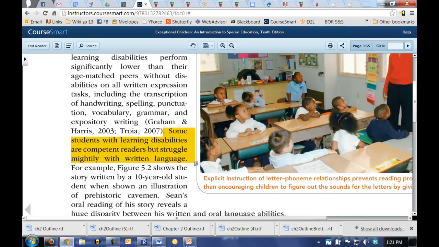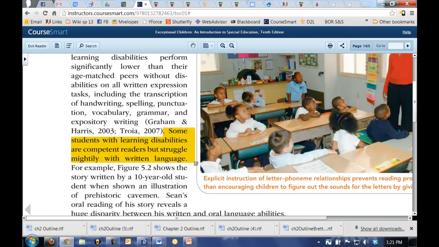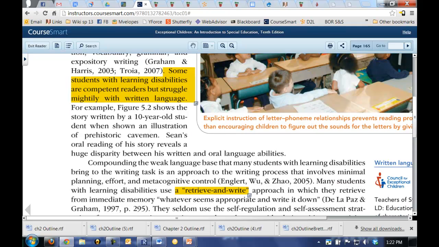Now, I will say to you, that's rare, but does happen. But it does happen. 5.2 shows a story written by a 10-year-old student with an illustration of a prehistoric caveman. Sean's oral reading of his story reveals a huge disparity between written and oral language.